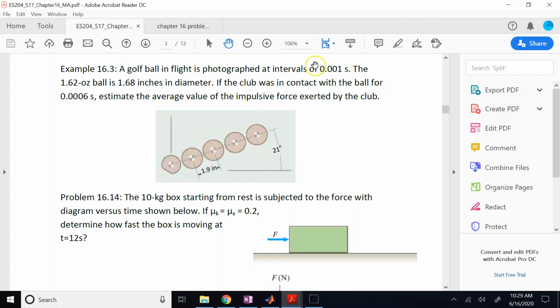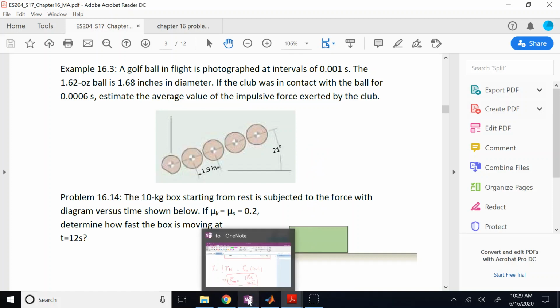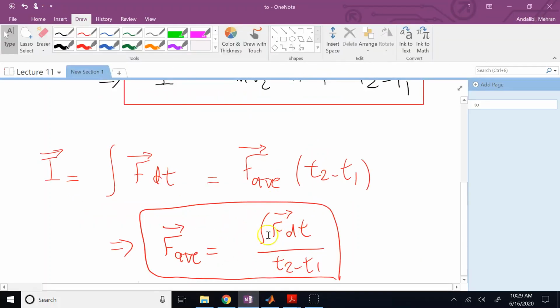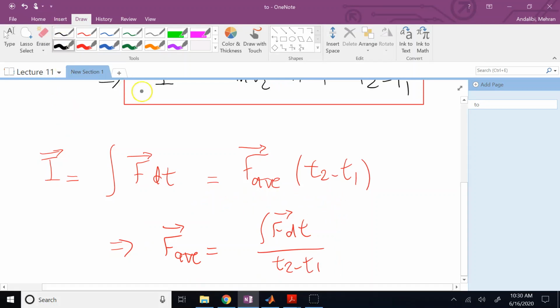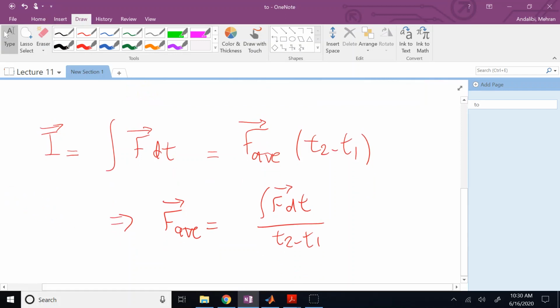This is what we do. We directly use this: F average is the integral of force versus time over t2 minus t1. But remember that we do not have here a curve of force versus time.